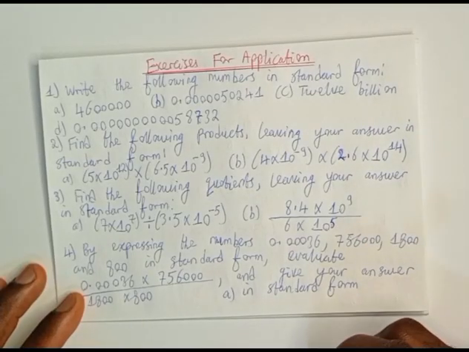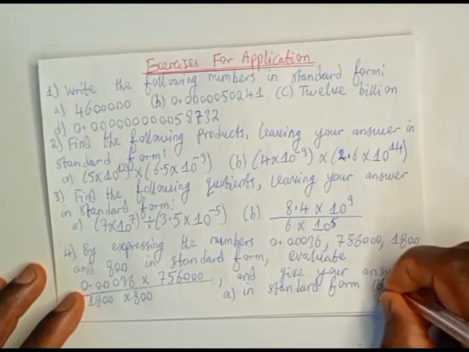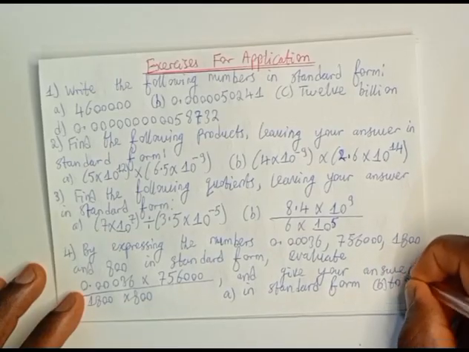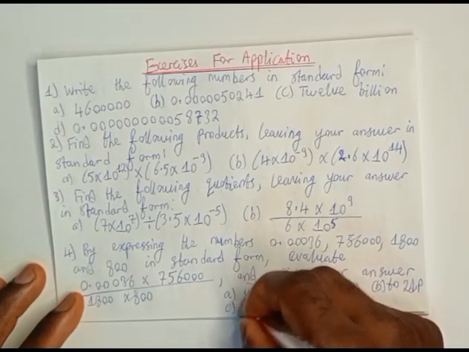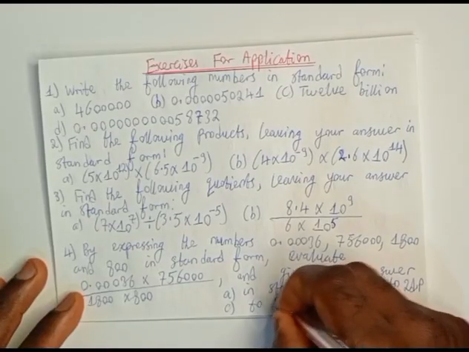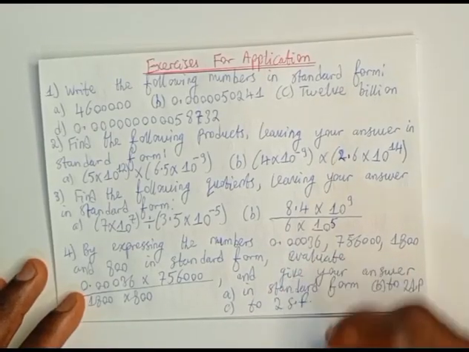For question B, to 2 decimal places. And for question C, to 2 significant figures.